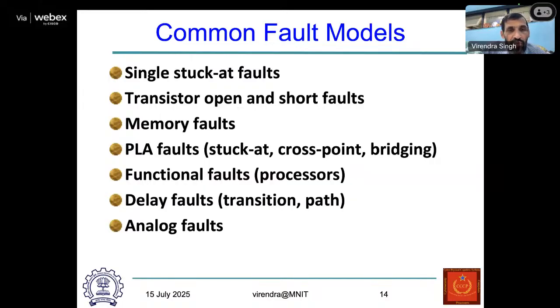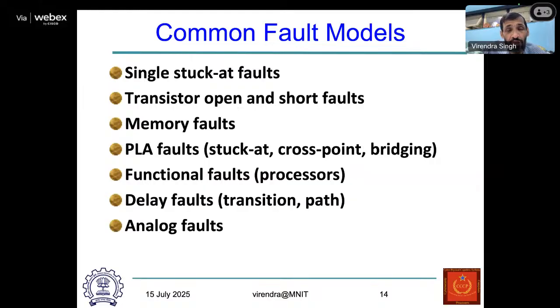Again, people looked at whether the single stuck-at fault model still works for CMOS or NMOS kind of circuitry or not, and they figured out that this can pretty much cover all kinds of defects which can occur in the CMOS circuits, and hence it was extensively used for CMOS circuits as well.